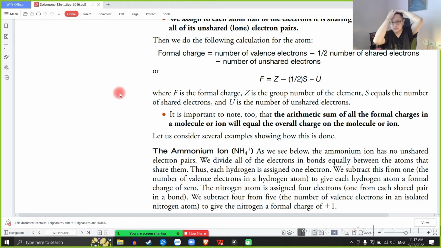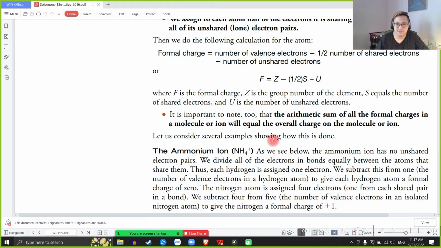It is important to note too that the arithmetic sum of all the formal charges in a molecule or ion will equal the overall charge on the molecule or ion. So the whole thing has to be equal to all the formal charges, the little ones in there.